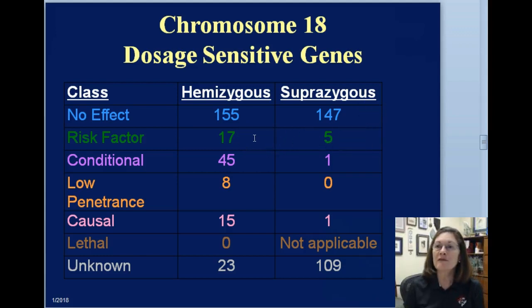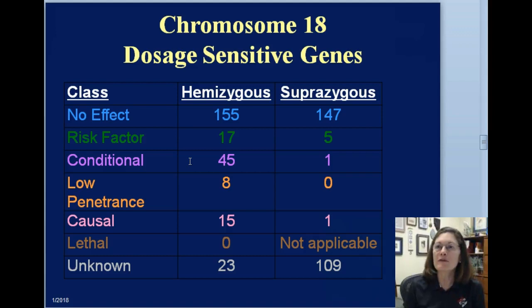17 we think are risk factors when you have a deletion, and 5 risk factors if you have a duplication. So again, these are risk factors for conditions that you might see 1 in 1,000 or something. Conditional are those things that require one other something to exist, one other gene deletion or duplication to exist.